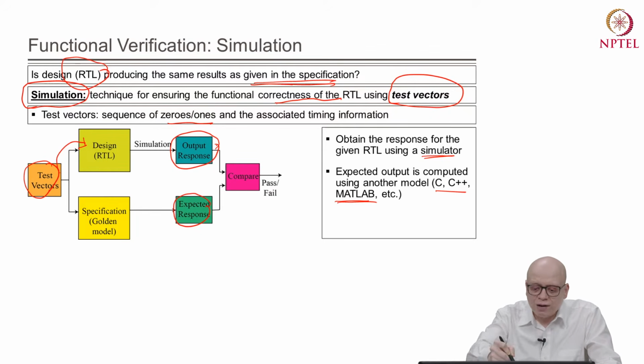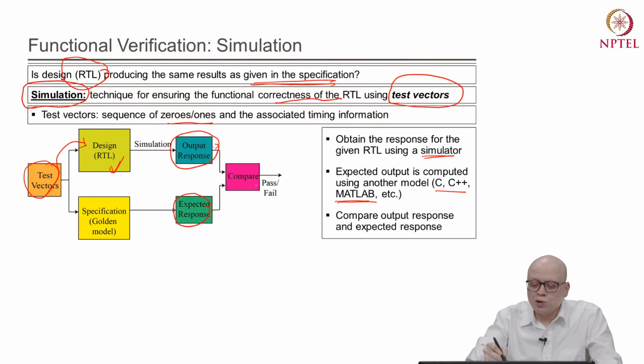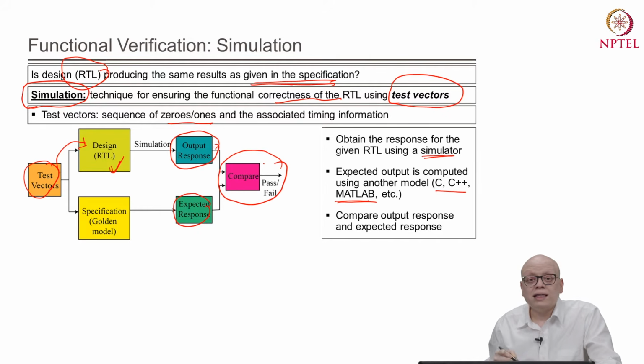So we have a set of output responses from the RTL, and the expected response for the same test vector from our specification, and we compare both of them. If we find that these two are the same, then we say that the verification has passed, or our RTL model is meeting the specification.